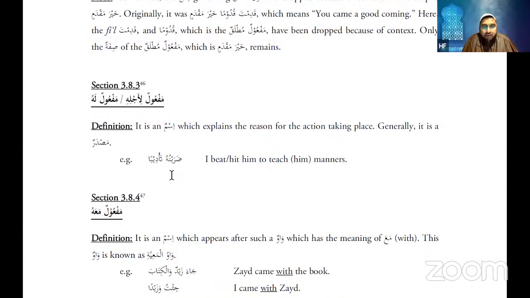Causal meaning that it is the reason why you have performed that action itself. One of the ways to know whether this is a causal object noun is that you can normally put a question before it: لماذا ضربته؟ Why did you hit him?